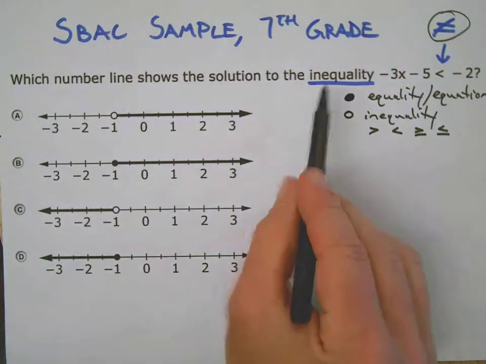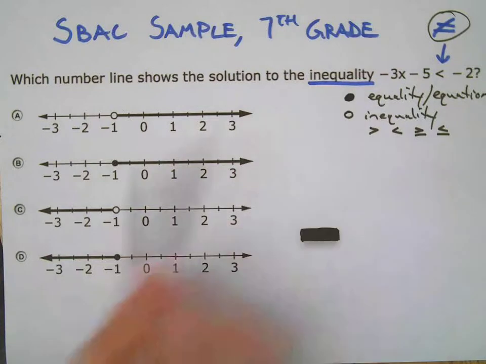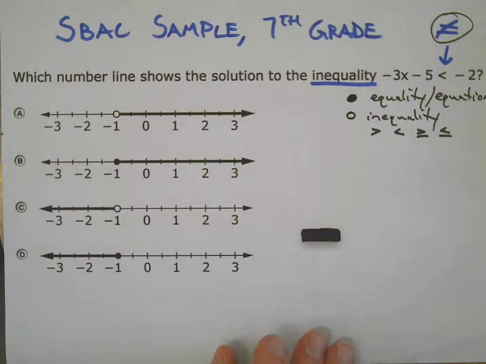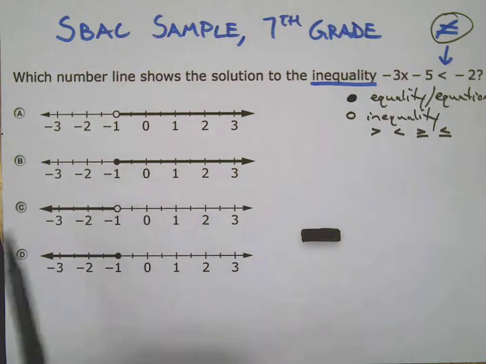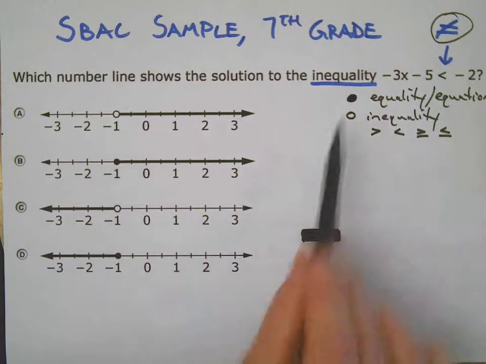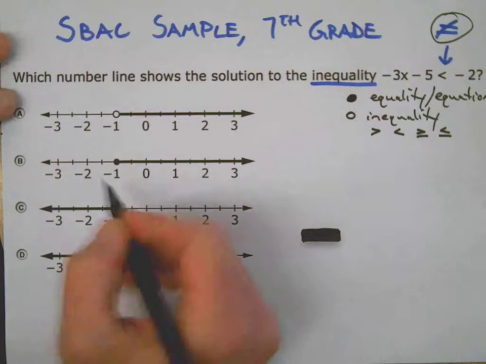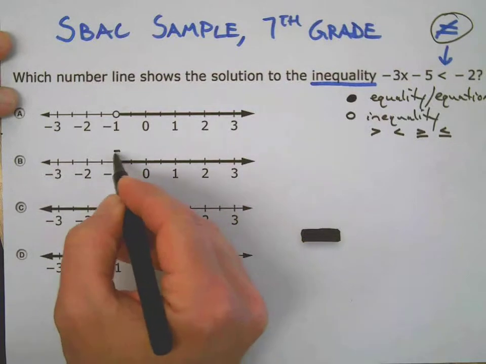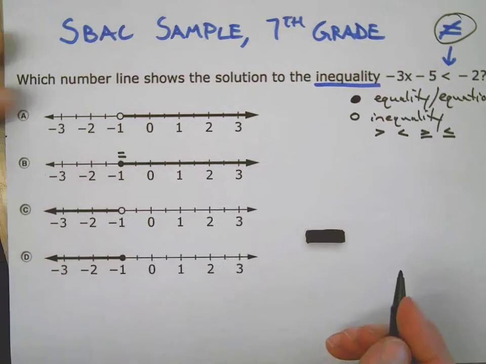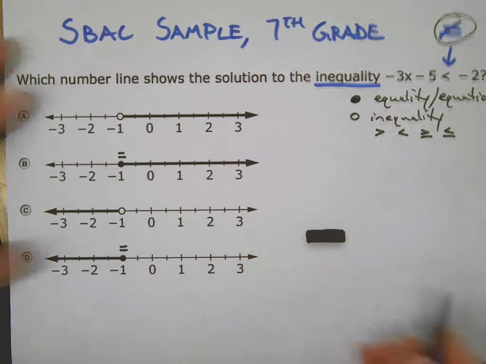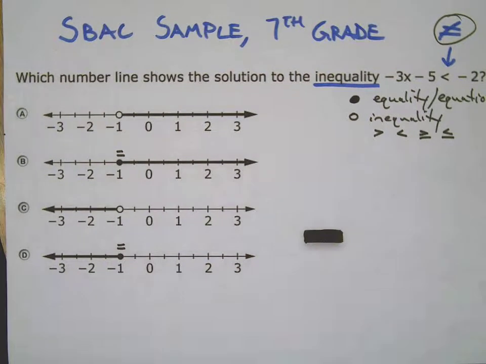So, since this is an inequality, let's look at our choices over here, because we know that test-taking strategies are different than actual math skills. Okay, please know that. Here we go. This is an inequality, this is an equality, and this is also an equality, right?